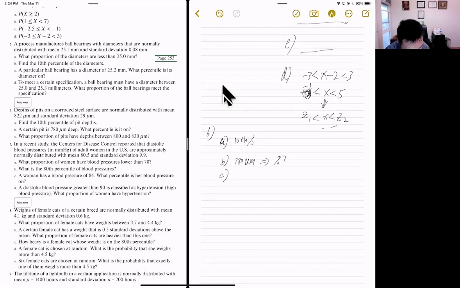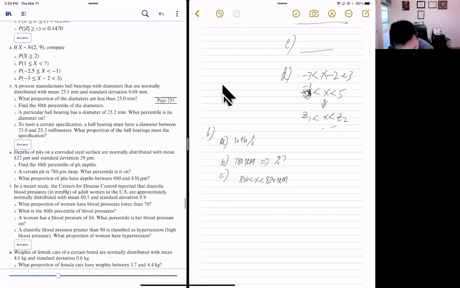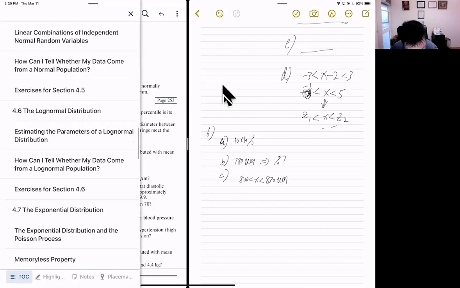And part C is what proportion of pits has depth between 800 and 830 micrometer. So between these two values. Okay. So the idea is the same, but a little bit different from the first two questions. Let's go to the Z table once again.